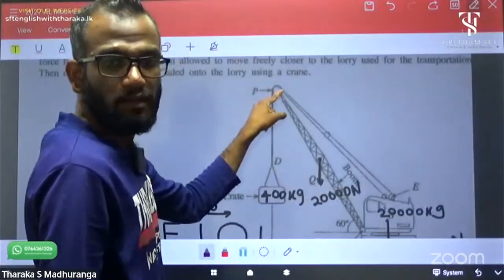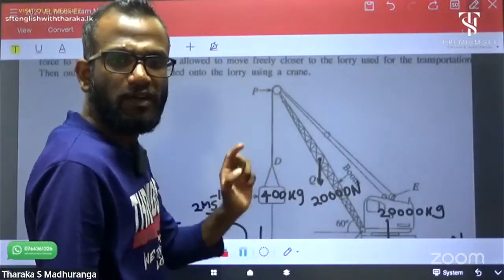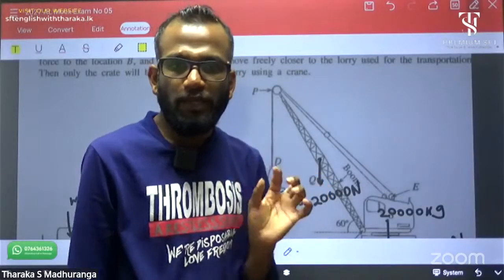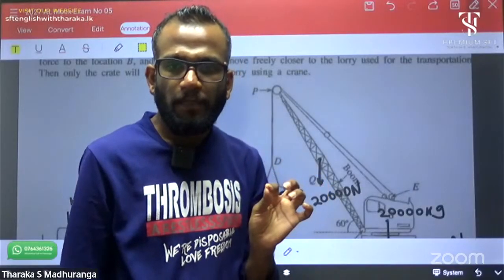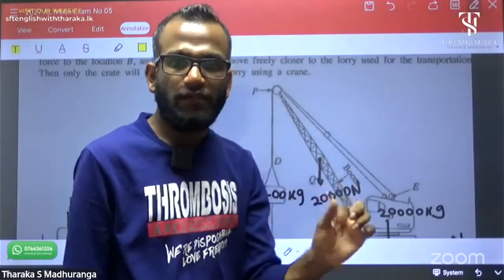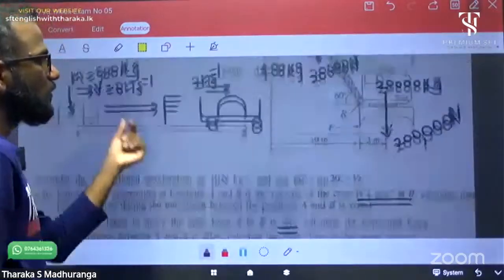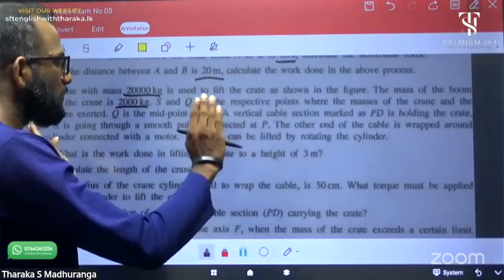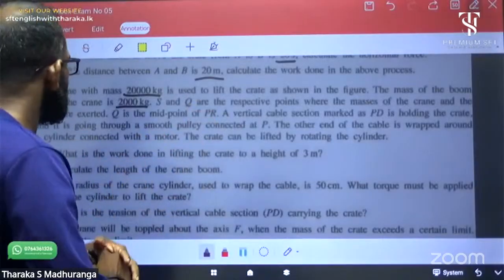This is P. What's the meaning of smooth pulley? What's the meaning of smooth? No friction. Very good. No friction in the pulley. If you understand these points, you can easily answer these questions.